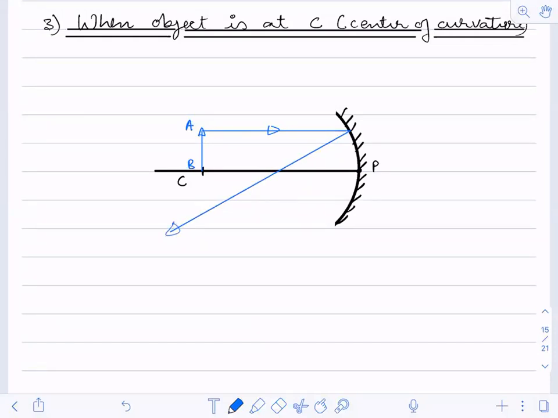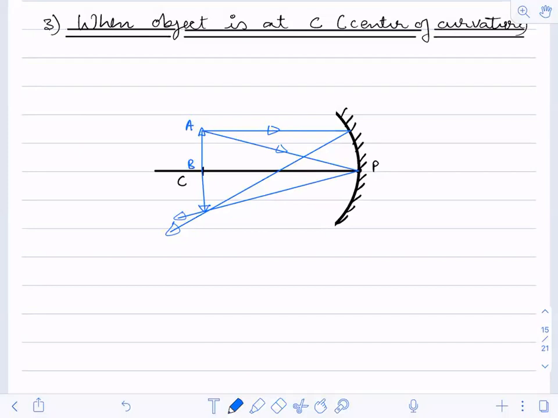And another ray I'm taking, which will be incident at pole, and after getting incident it will pass like this. And when you see, the image is formed. The image is almost formed at the C only.